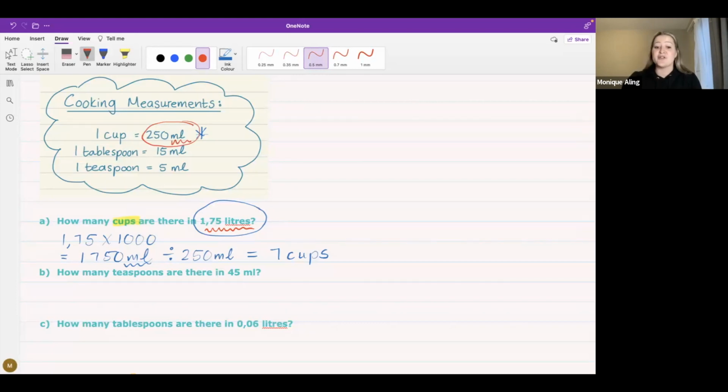Okay, so I first took my liters and I times by 1,000 because I want to convert to milliliters. I can't go from liters straight into cups. Okay, so there were 2 conversions involved here. Just your usual measuring units of capacity, so going from liters to milliliters. Once we're in milliliters, we can then convert to cups. Does that help? Because I see quite a few of you asked about the 1,000. Does that make sense?